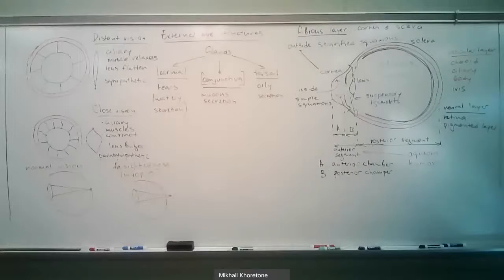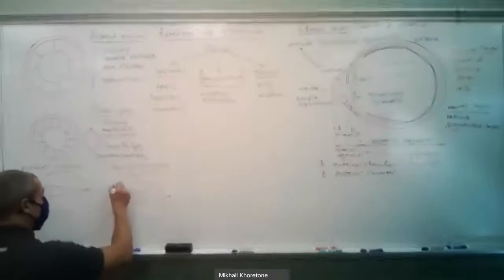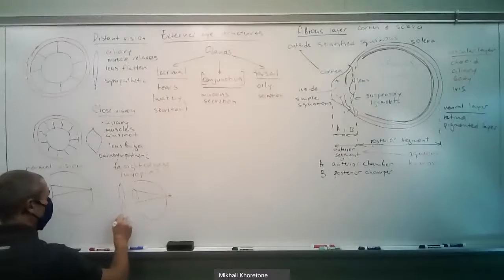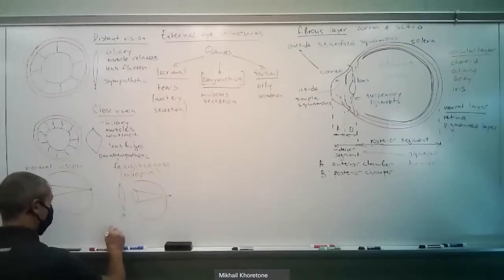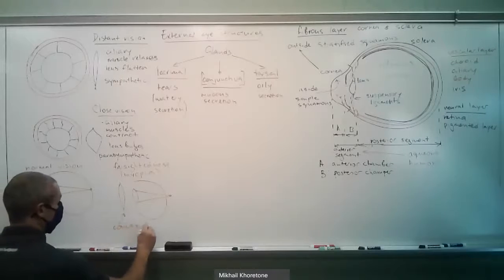Some people have it genetically. We often say that the eyeball in this case is too short. And you can correct farsightedness with convex lenses.